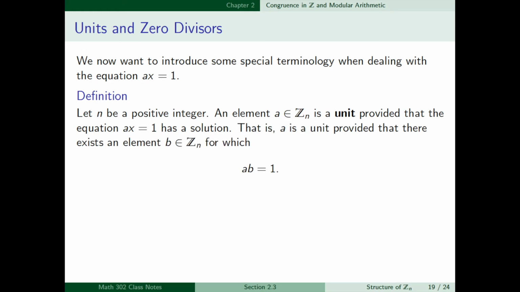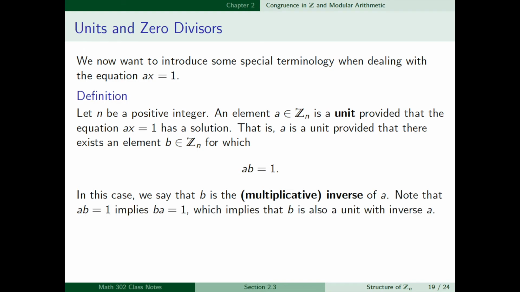That is, a is a unit provided that there exists an element b in Z sub n for which a times b is equal to 1. In this case, we say that b is the multiplicative inverse of a, and multiplicative is in parentheses because we can generally omit it; if we just say that b is the inverse of a, it's understood to be the multiplicative inverse of a.